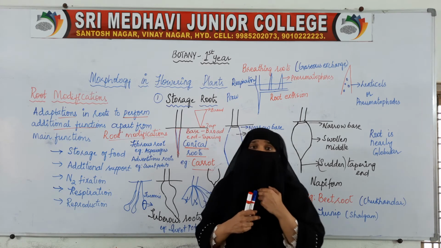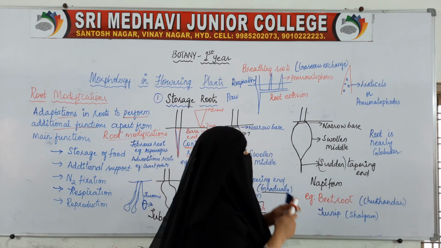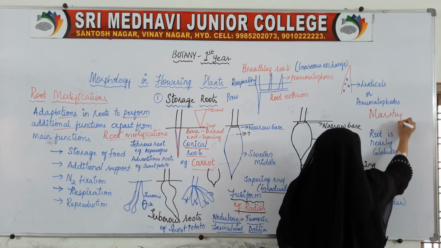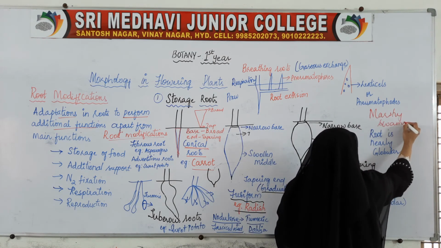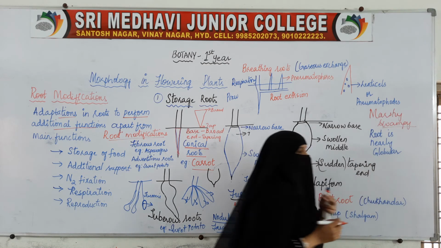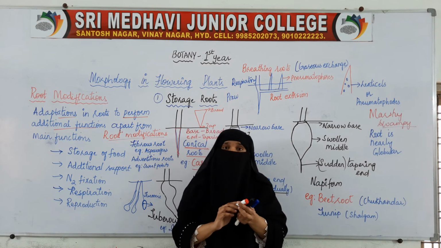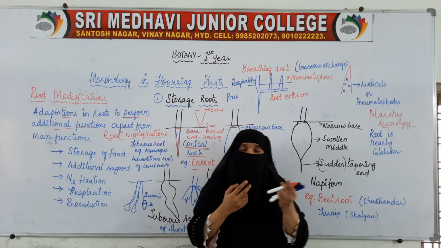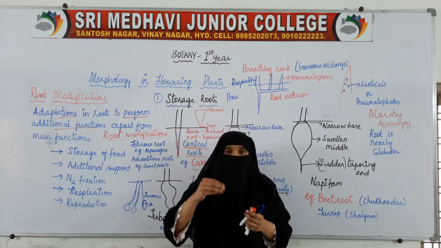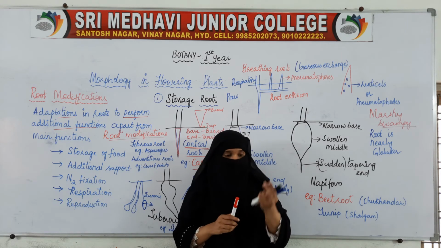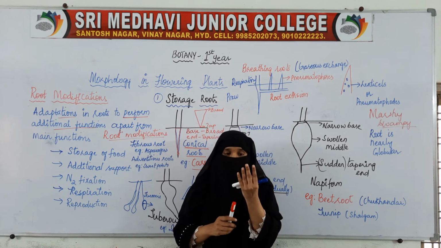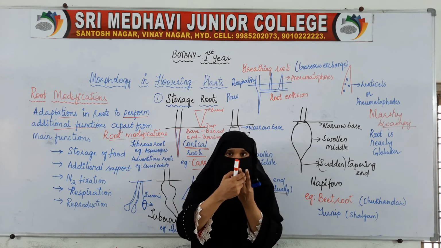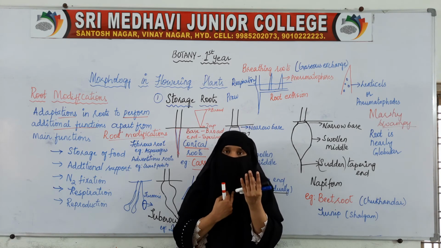But for plants which live in marshy or swampy areas, there won't be any space in between the soil particles for air to enter. If there is space in between soil particles, air will enter inside the space, because wherever there is space, air will be present.